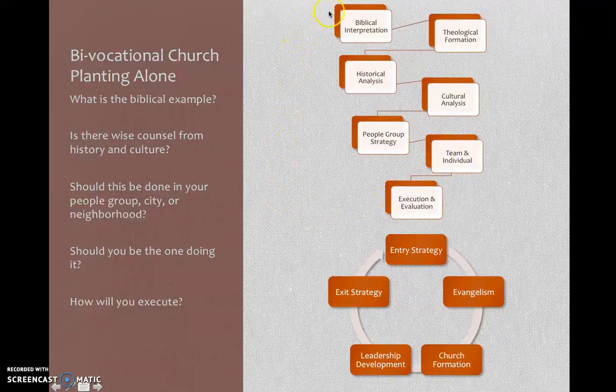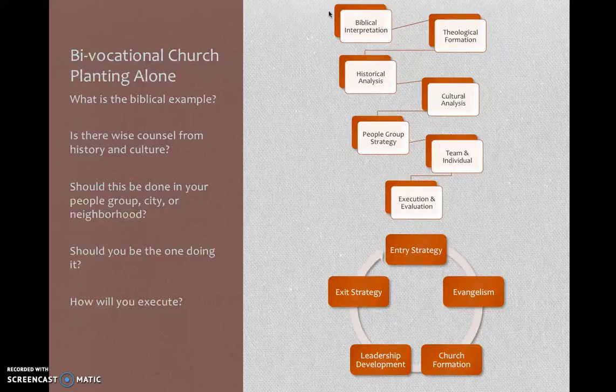So biblical example, for the bivocational part of this, this really has two sections. First is bivocational, second is doing it alone. The book of Acts shows us the same person, Apostle Paul, doing it both ways. So that's where tent making came from, but Paul was really only a tent maker for a limited portion of his ministry.